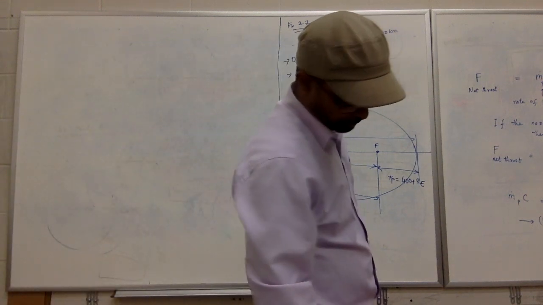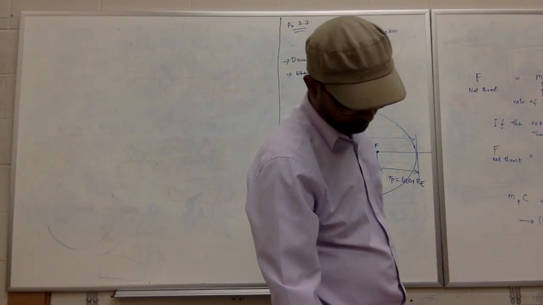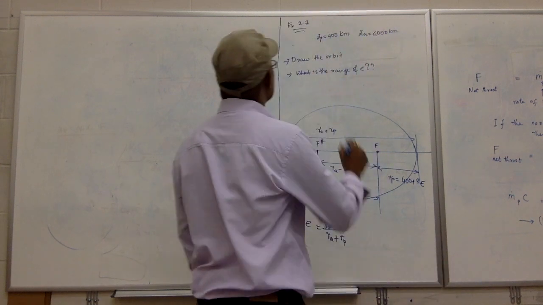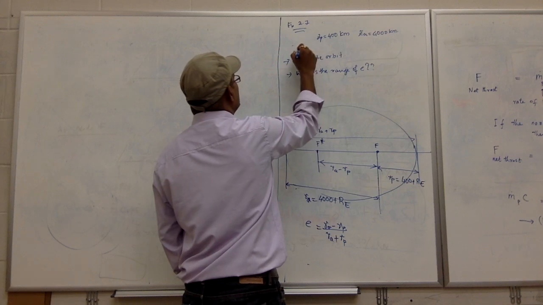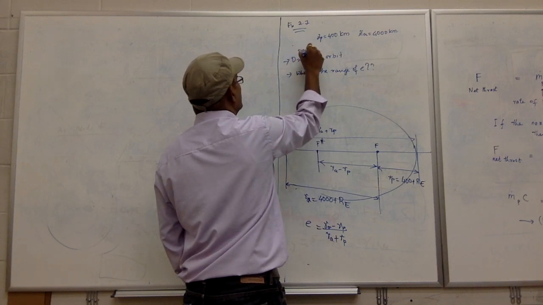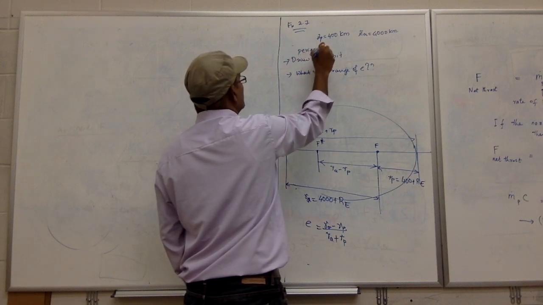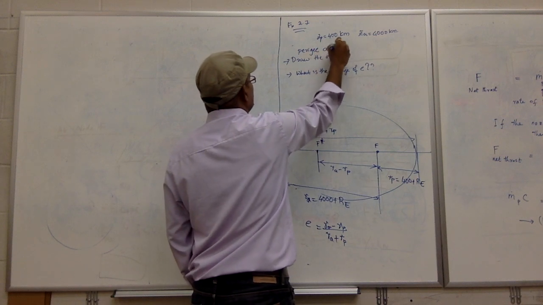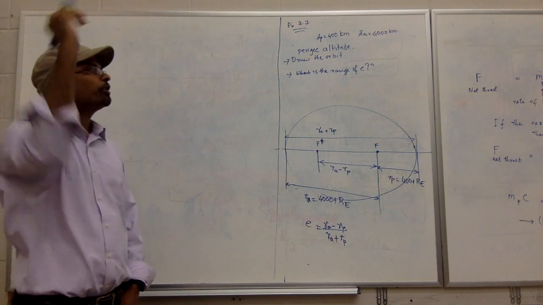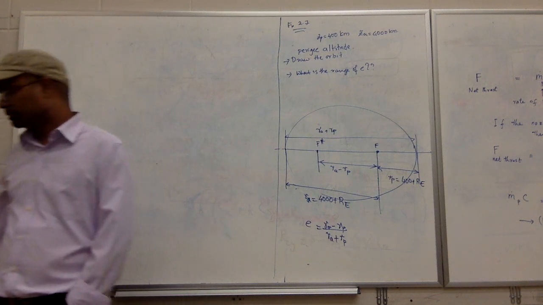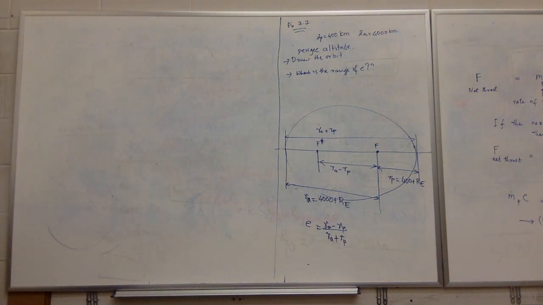Pay attention: perigee altitude. What information is embedded in that?